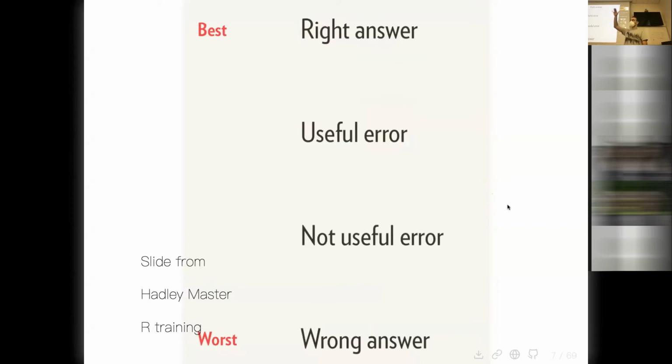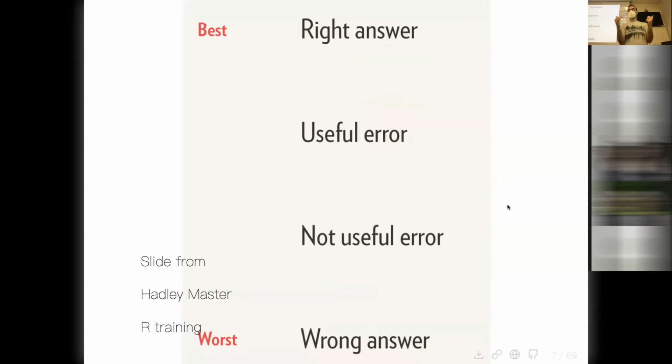This is another sort of continuum. So the best that a function can do is give you the right answer, right? If that's not the case, if it can't give you the right answer, then the next best is to provide a useful error message. So it didn't give you the right answer, but you know why, and you can go and fix whatever you need to fix so that you can rerun the function and get the right answer.